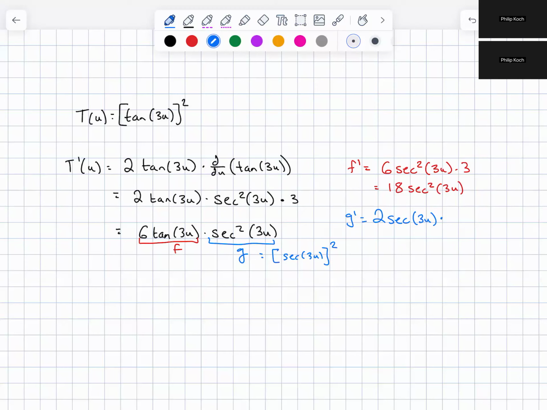The derivative of secant of x is secant of x tangent of x, but this is secant of 3u, so it's going to be secant of 3u times tangent of 3u times 3. That's going to be 6 secant squared of 3u tangent of 3u. Any questions so far?